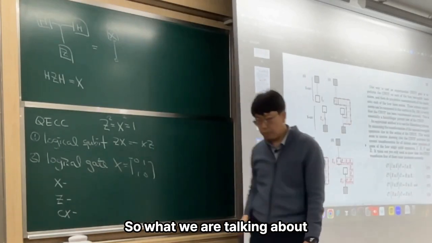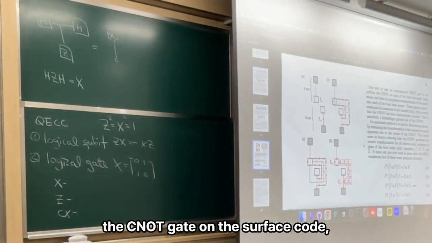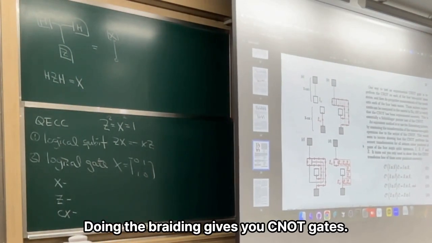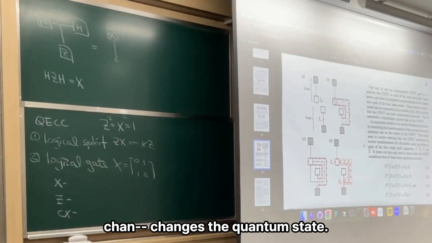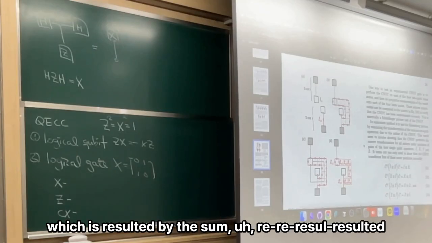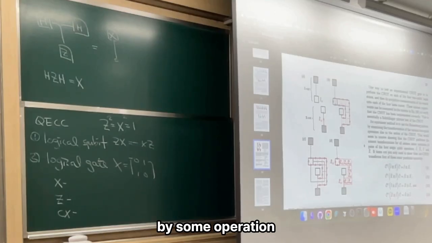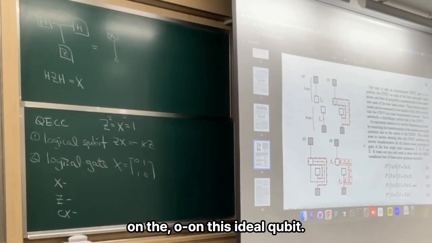So what we are talking about is that if you want to implement the CNOT gate on the surface code, you do the braiding. Doing the braiding gives you the CNOT gate. We're not physically changing the quantum state. We are making a new logical state, resulting from some operation which has the same effect as this CNOT gate on the ideal qubits.